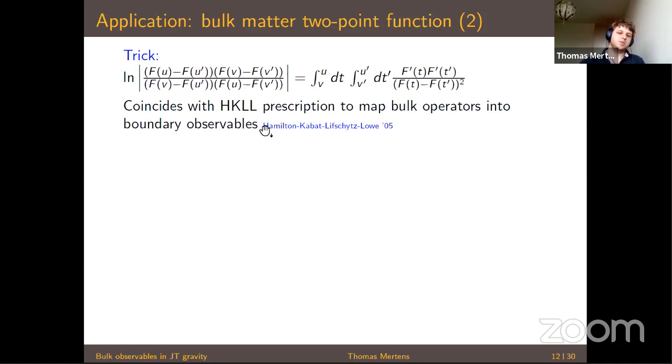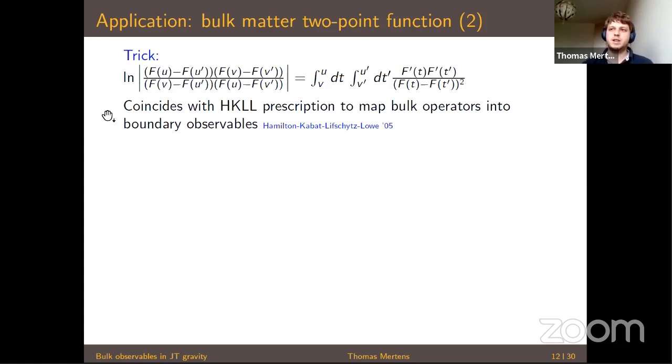But of course, there's a simple trick. I can write this log of a cross ratio basically as a double integral of the thing we know how to compute, of which we have actual answers. And this trick actually coincides with the HKLL prescription of bulk reconstruction to map bulk operators into boundary operators.